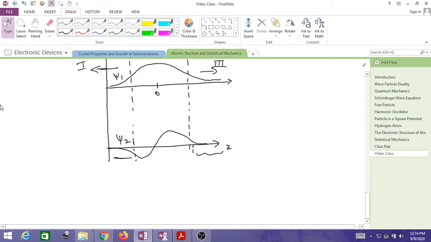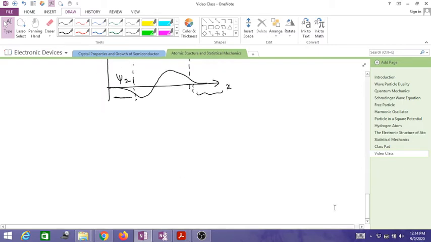Okay, and we know that for this the wave function has to be continuous, so both psi and its derivative with respect to the x-axis have to be continuous at x equal to plus or minus w.